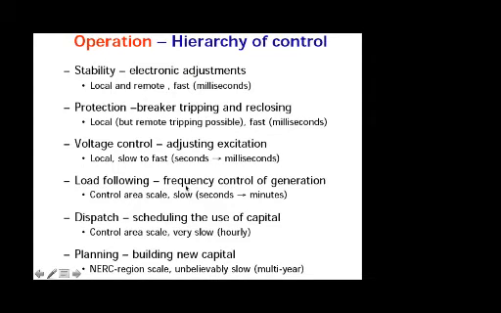That is, we can increase the amount of natural gas going into a Brayton cycle or increase the amount of water coming through a turbine in response to either the frequency dropping or the voltage dropping due to increased load. Once the capacity of all the generating facilities is saturated, we need to turn on more facilities. And that's called dispatching, when you turn them on.